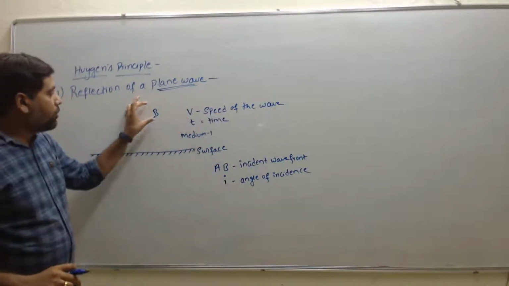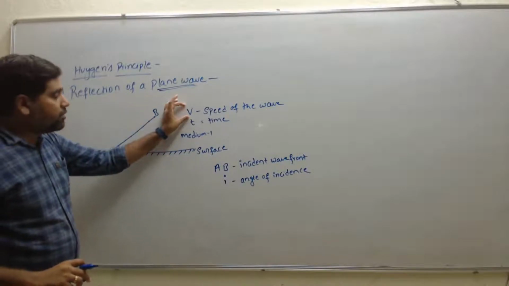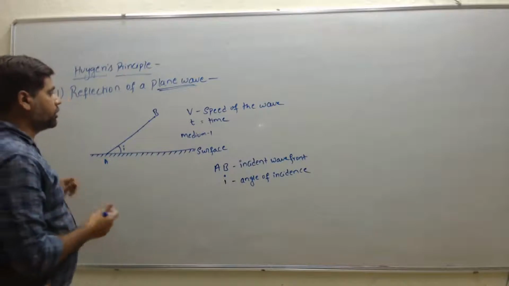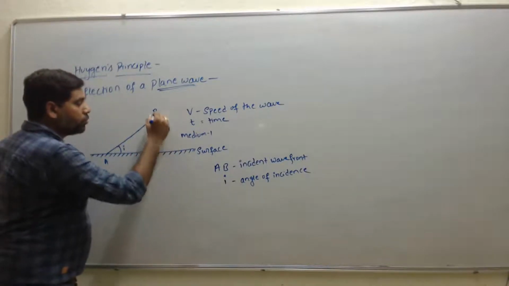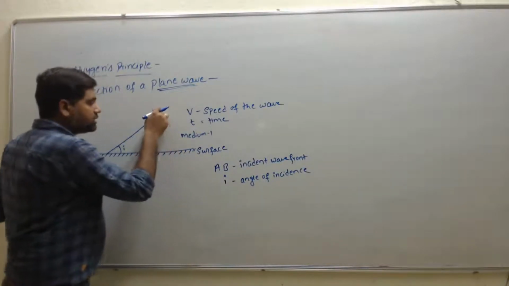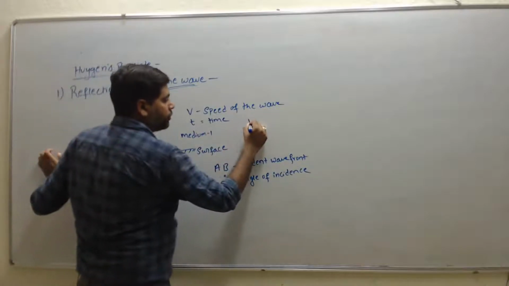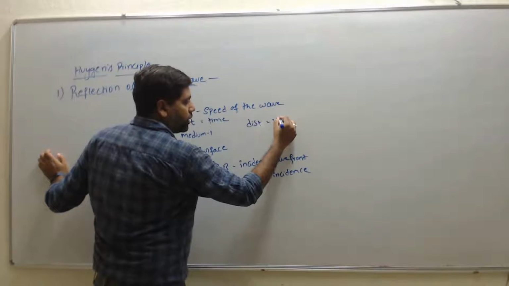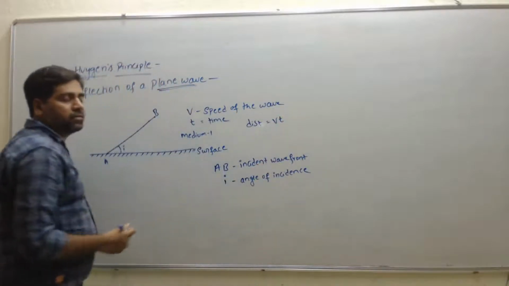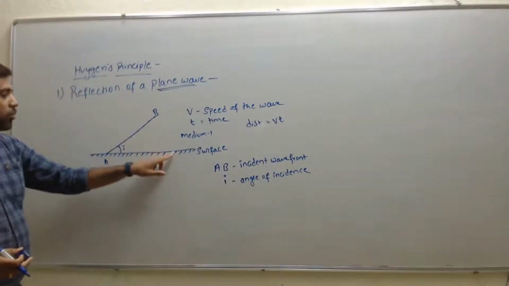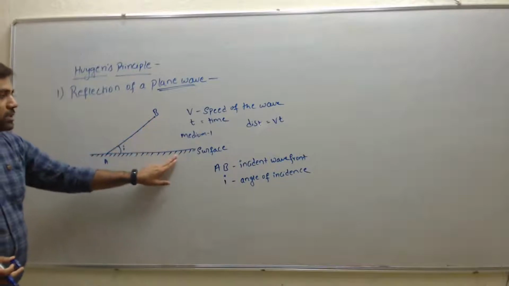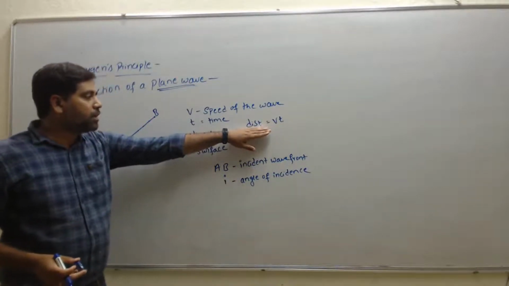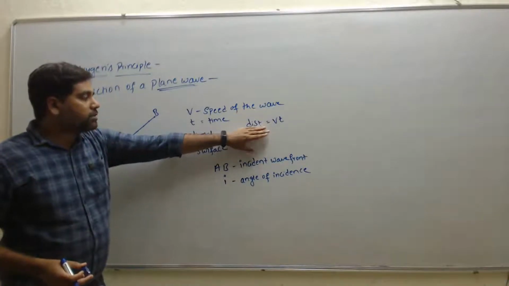That's why the B point travels with speed v and takes time t. From here to here, the distance traveled by the B point is Vt.